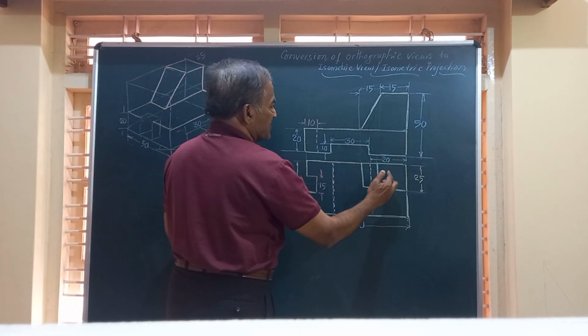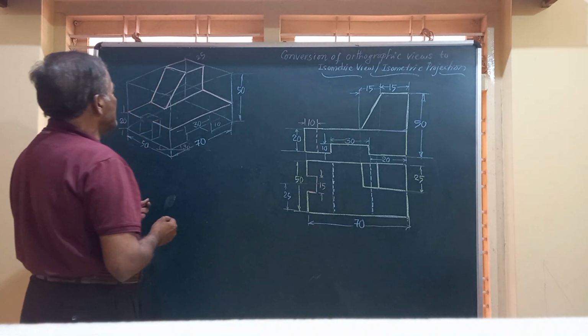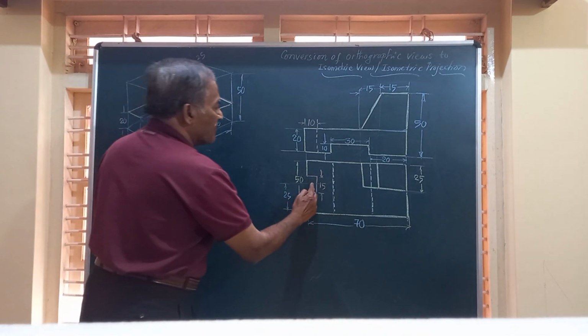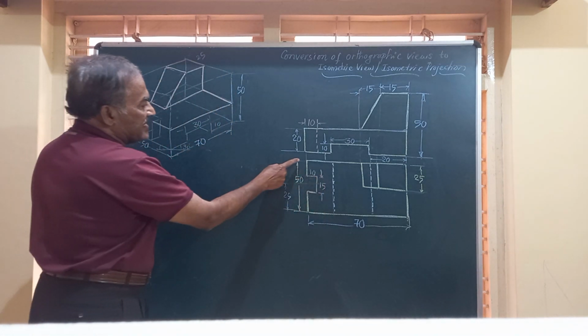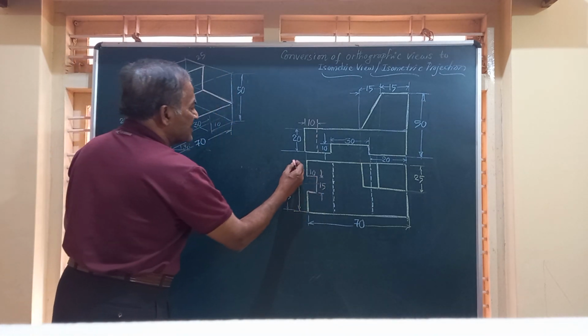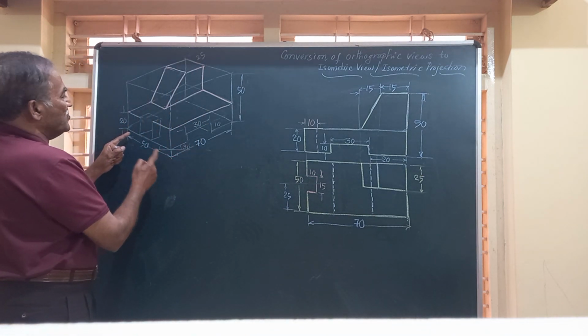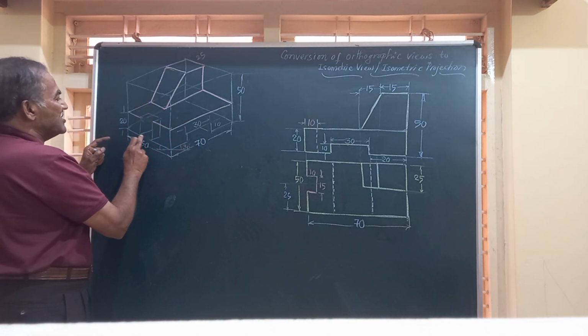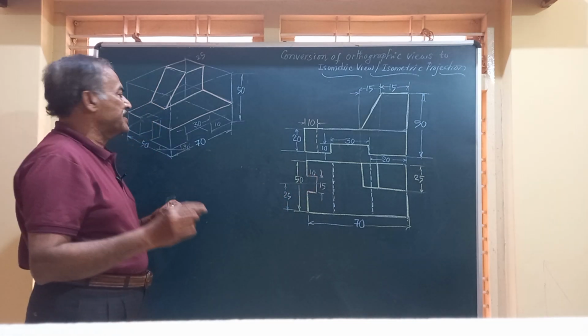And friends, let us mark this slot of 15 by 10. It is exactly in between this 50, exactly at the center of this width. You have a slot cut out, and that slot has a dimension 15 by 10.